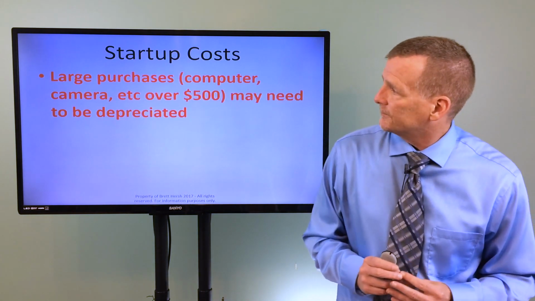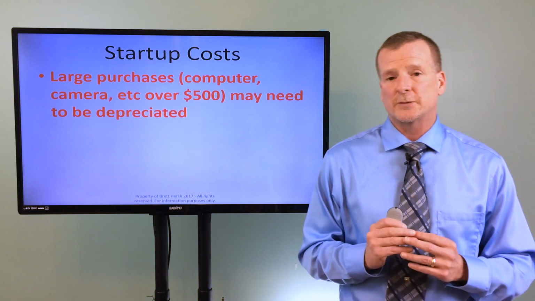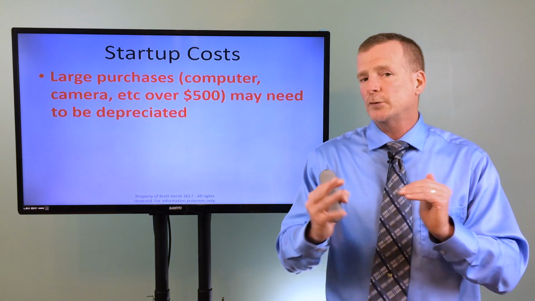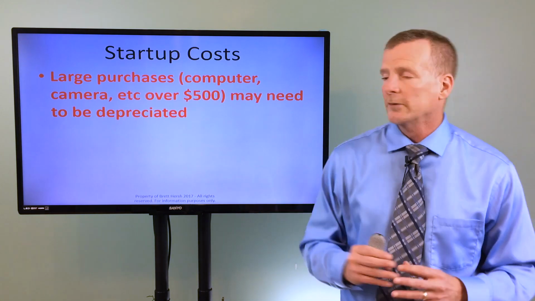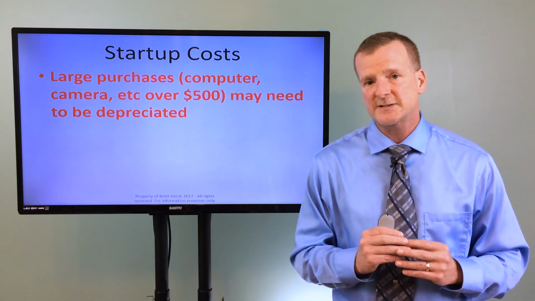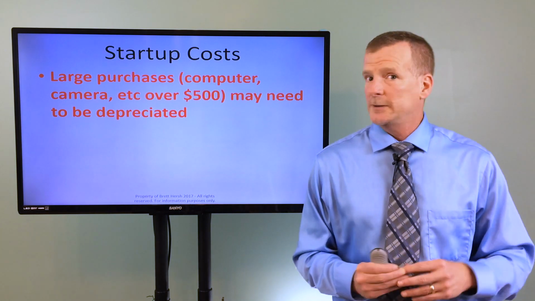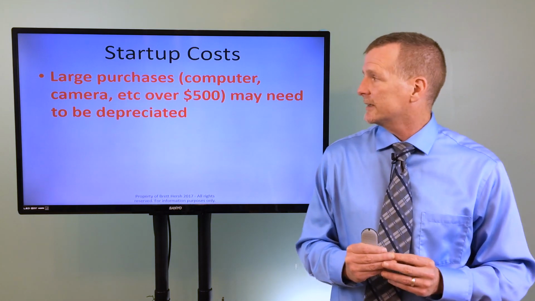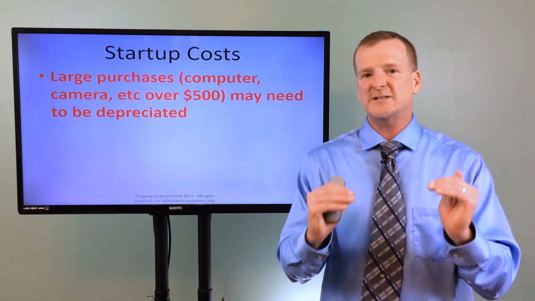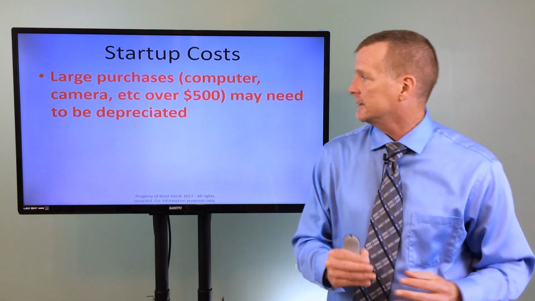Okay, there you go. I want to make sure we address large purchases. Let's say before you start business, you're making some purchases. You buy a computer for $1,500. Maybe you bought a really nice camera to take pictures of your listings and all that kind of stuff. Maybe you purchase a drone. Really getting high tech there. You got it even before you started business because you're so excited about real estate.